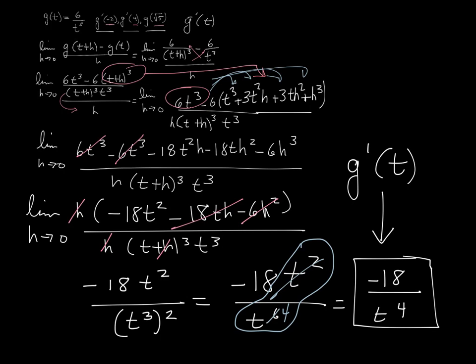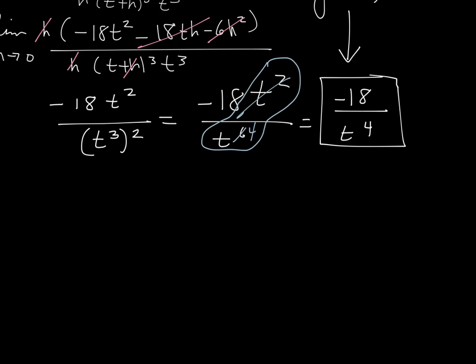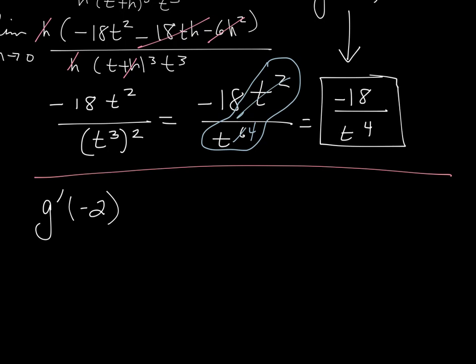So now I can go back and simply plug in my actual values. I want to find g prime of -2.